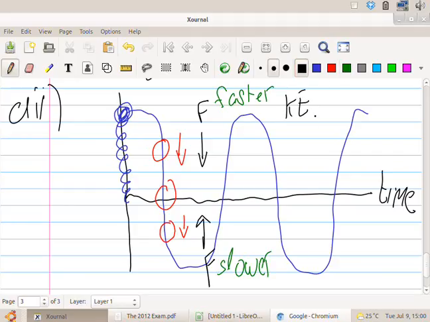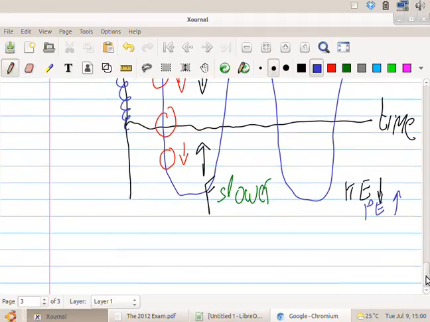I'm running out of space. It's increasing. And here, decreasing. Now remember, the total energy must be balanced. So if the kinetic energy is increasing, what's happening to the potential energy? And here? So there's a lot of stuff here, but you then have to write a sentence.